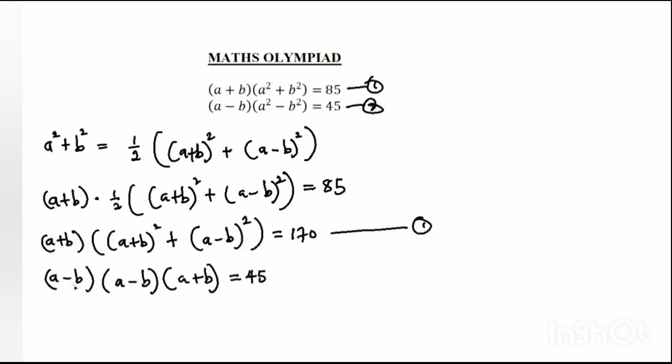Notice that this term here is the same and they are multiplying, so this becomes a perfect square, and I will have a minus b all squared times a plus b equal to 45. So this becomes my new equation 2.